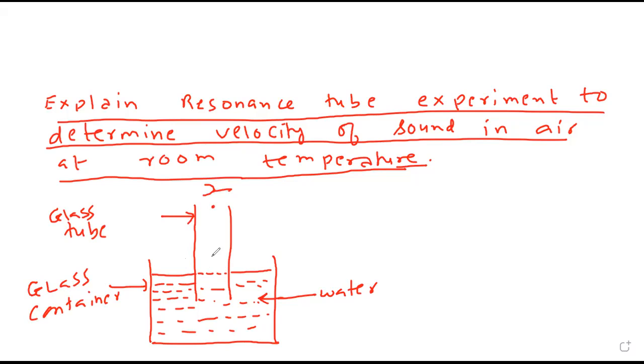at minimum length. When this happens, one antinode and one node must have been formed. Let lambda be the wavelength of the air column in this mode.